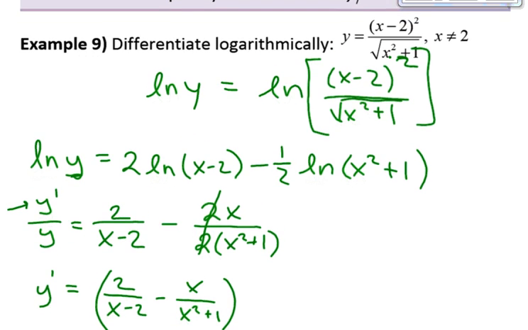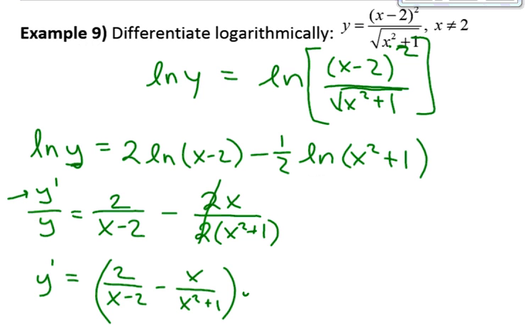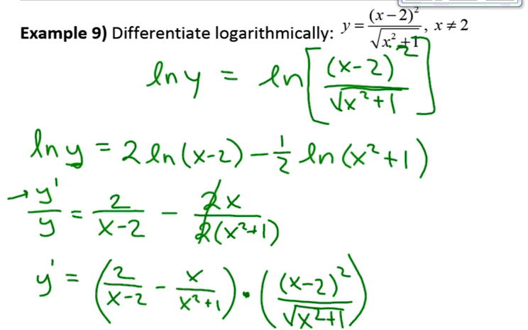So now, instead of putting times y, I'm going to put times what y is equal to instead. I know it still looks really nasty, but at least the actual work to get there wasn't nasty in itself. And that is logarithmic differentiation.